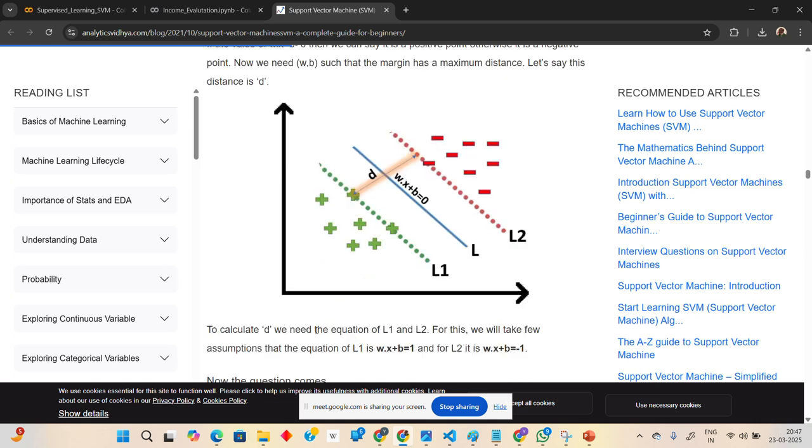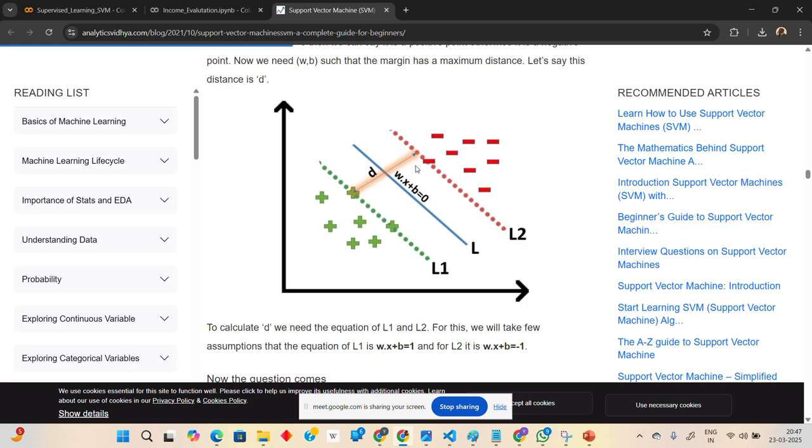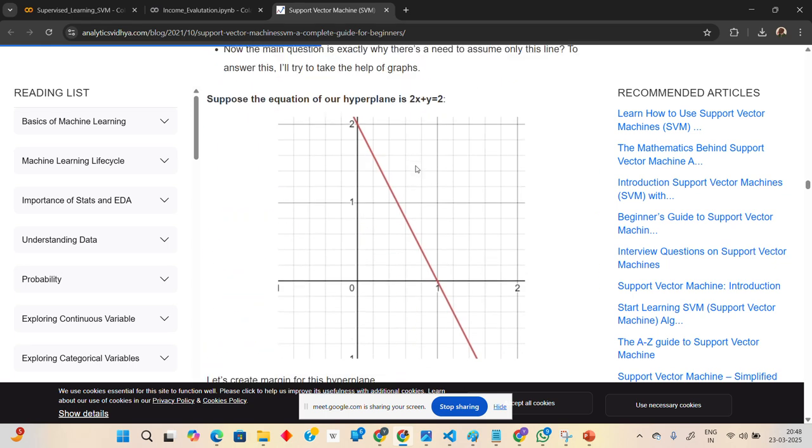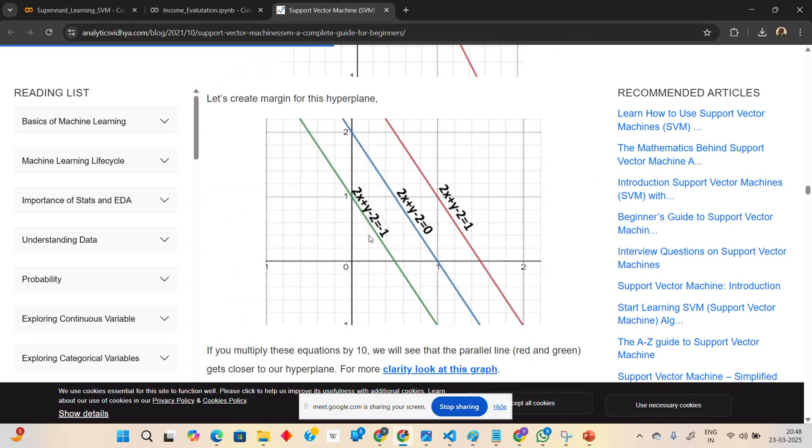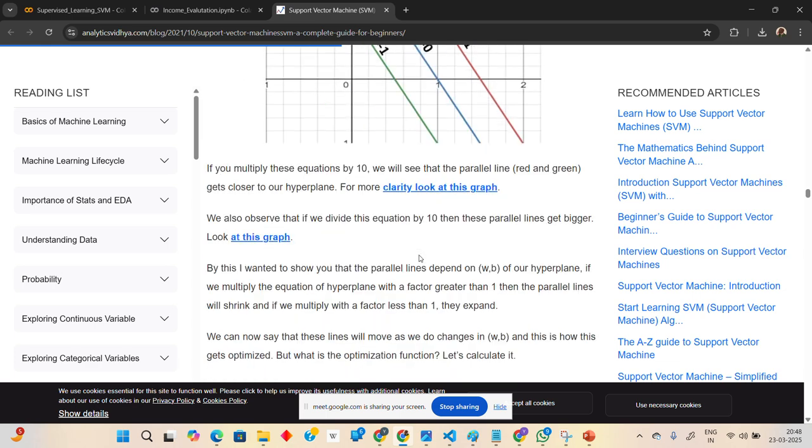And anyway, we need to know this maximum, right? Here it is very clearly mentioned how to find this maximum by considering these small equations. 2x plus y minus 2 is equal to -1. This is one thing. 2x plus y minus 2 is equal to 1. And equal to 0 is the one which defines the hyperplane.